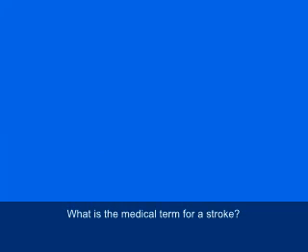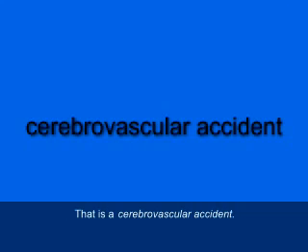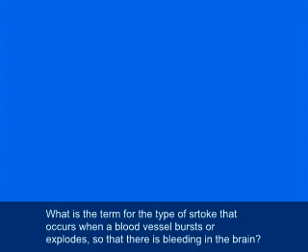What is the medical term for a stroke? That's a cerebrovascular accident. C-E-R-E-B-R-O-V-A-S-C-U-L-A-R. Well, what is the term for the type of stroke that occurs when a blood vessel bursts or explodes so that there's bleeding in the brain?